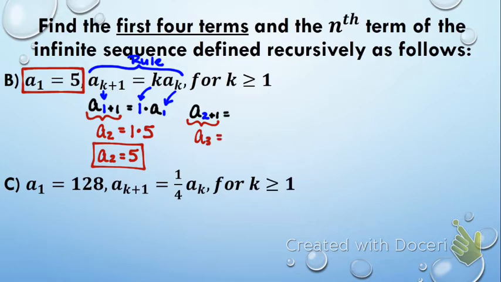So since I'm putting in a 2 everywhere that I see k, we're doing 2 times the second term. How did we find our second term? What did we do to find our second term? 1 times A1, or 1 times 5, right?